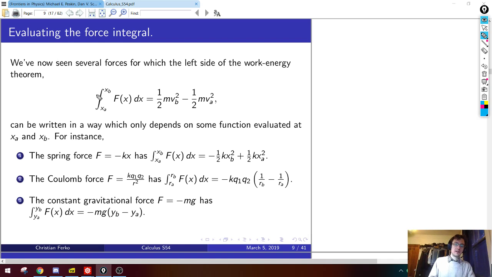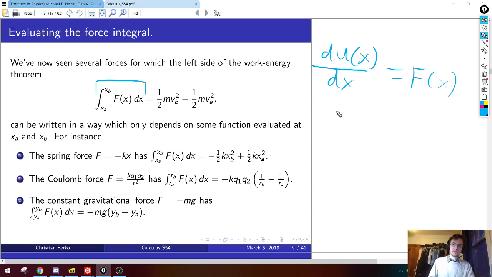Could we re-express the left side of this equation in a simpler way if you could find a function, we're going to change the sign in a second, but imagine you could find a function u of x with the property that the derivative of u with respect to x is f. So you can find an antiderivative for the force.